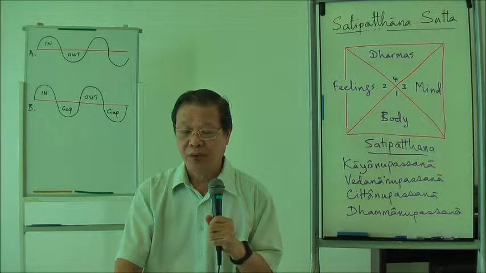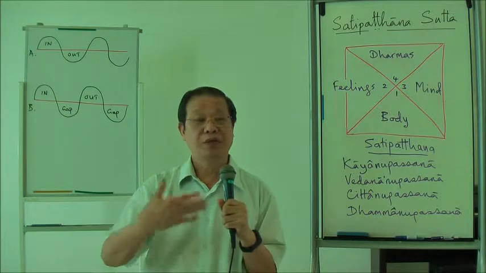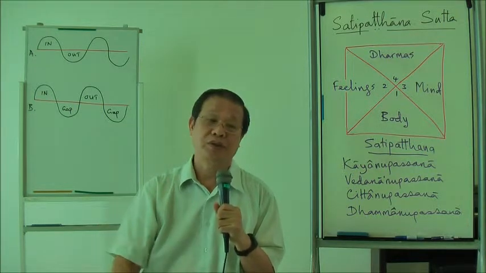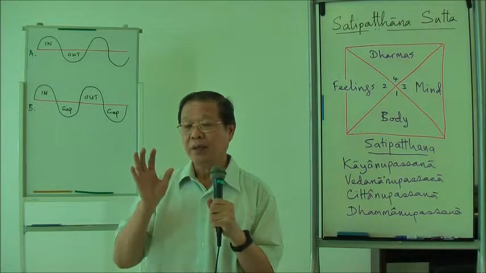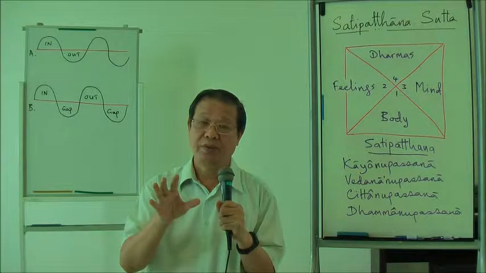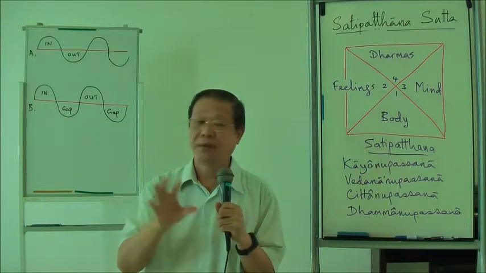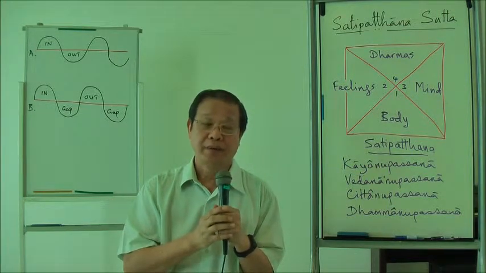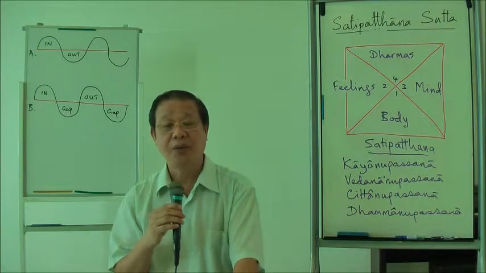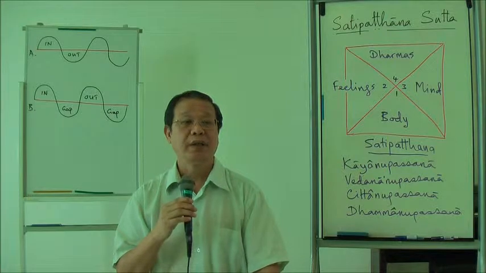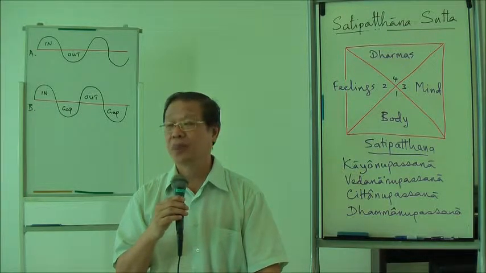Now, so we have body. Since we have a body, we also have feelings, right? So it progresses quite naturally. And as you watch the feelings, some thoughts may arise. For example, I like this, I don't like this. Those are thoughts, the mind. So the third contemplation, or anupassana, is chitta-anupassana.